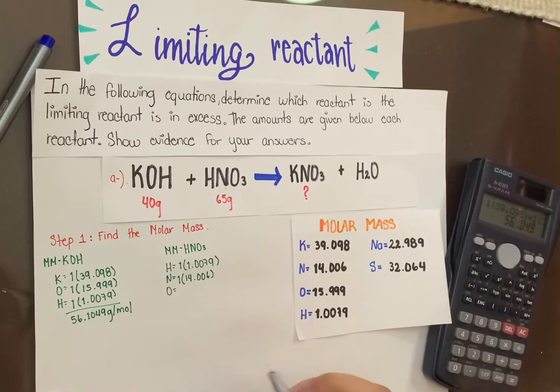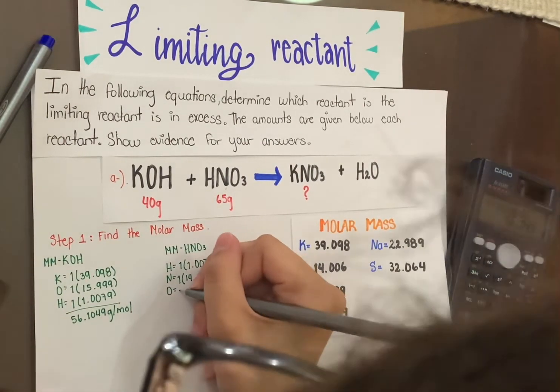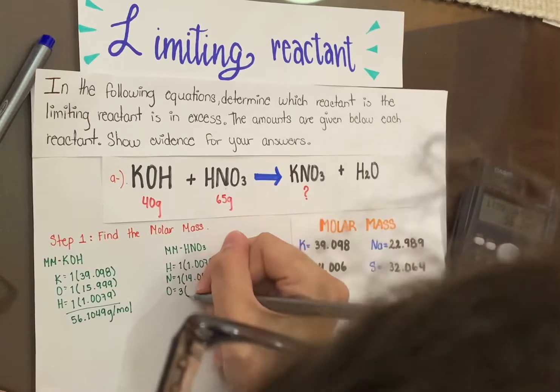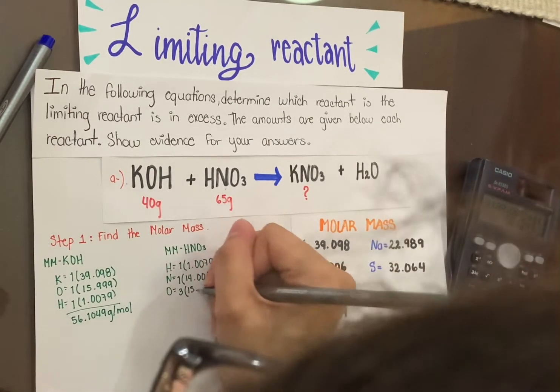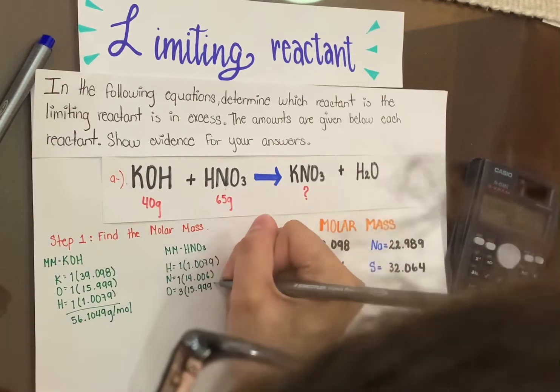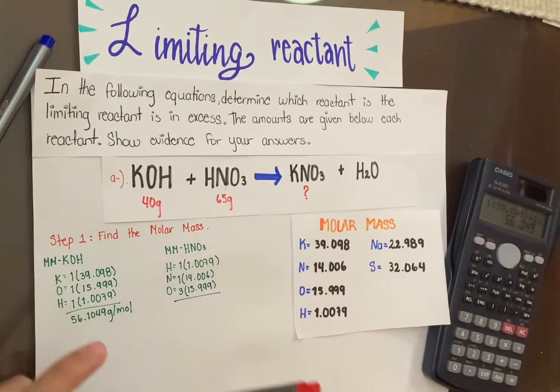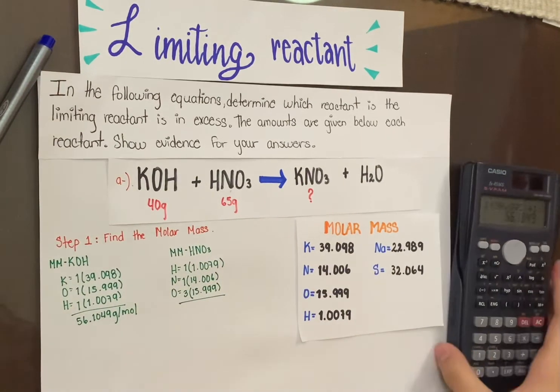And in oxygen is different because I have 3 as a subscript. So I put a 3, and oxygen is 15.999. We're going to make the same. We are going to add them.